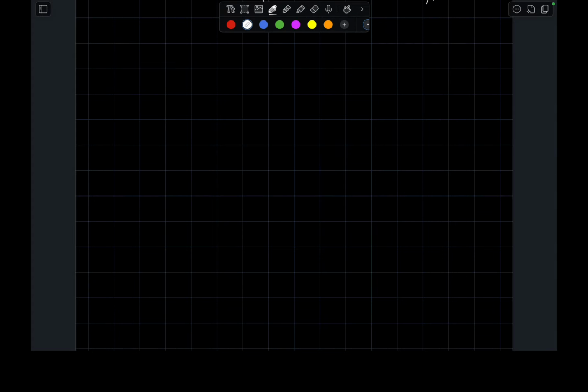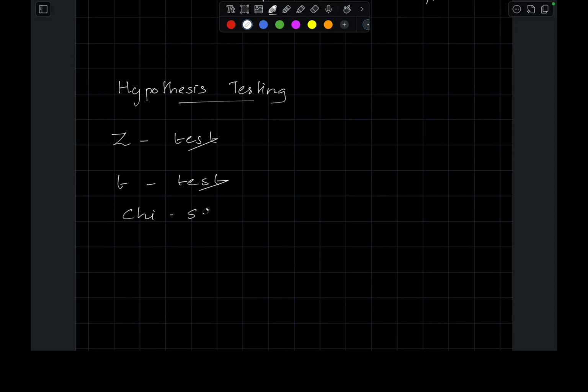So for this section of hypothesis testing, we will be mainly concentrating on four types of test: Z test, T test, chi-square test, and ANOVA test.